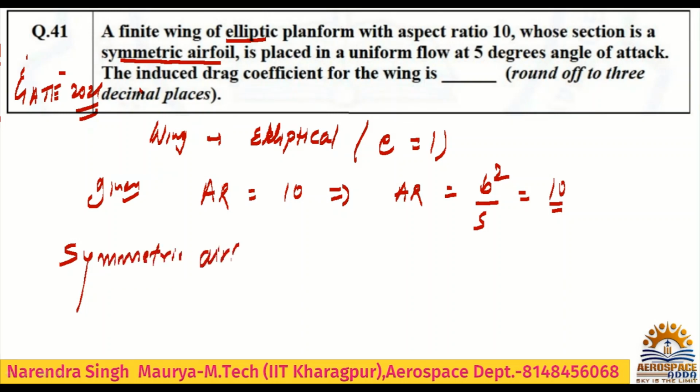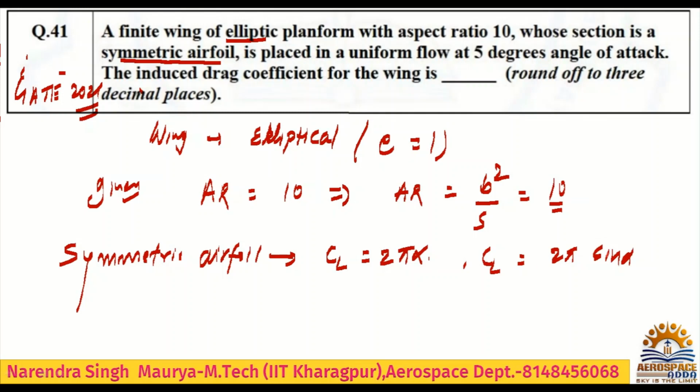If a symmetric airfoil is given, then what comes to your mind? Automatically CL is 2 pi alpha. This is derived for a symmetric airfoil, or you can say thin airfoil, both, because the generic formula for CL is 2 pi sin alpha. But if it is a thin airfoil or symmetric airfoil, and the angle of attack is very small.